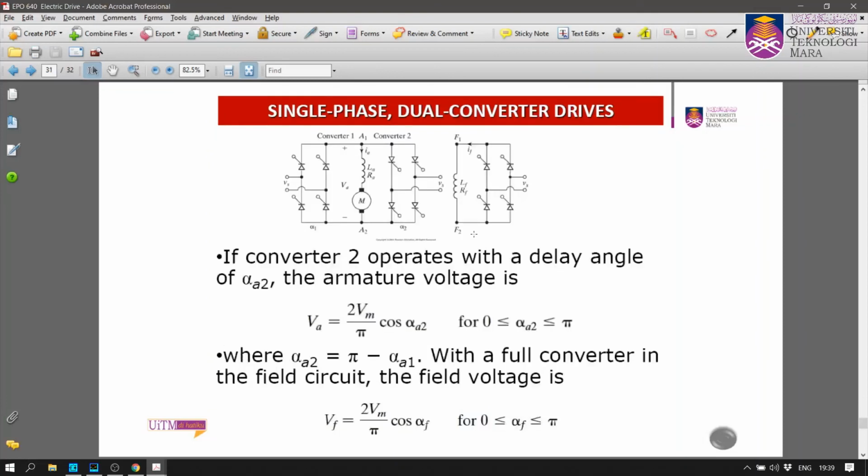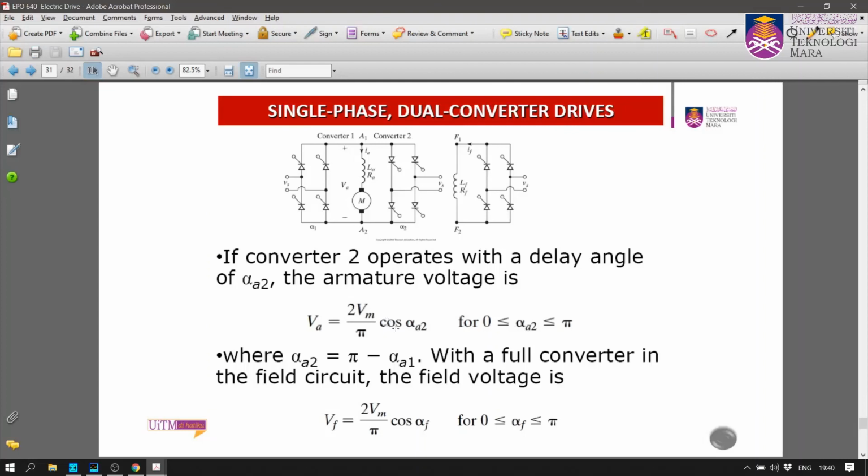And for converter 2, if converter 2 operates with the delay angle alpha 2, the armature voltage is, so talk about that, VA. If you have alpha there, we already have VA, the plus minus there, isn't it?